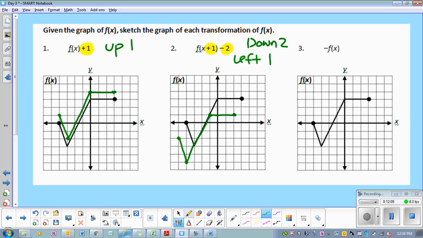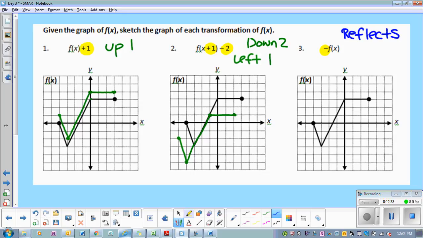All right, so the next one. So when it reflects, like this one, and I know that it reflects because why? Yeah, because of this negative in the front, right? That tells me that it reflects across the x-axis. Okay, when you go to graph that, all right, this is the easiest way I found.